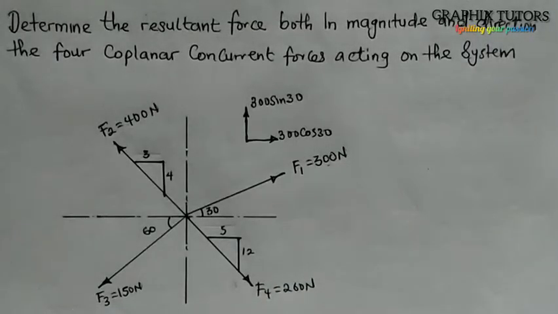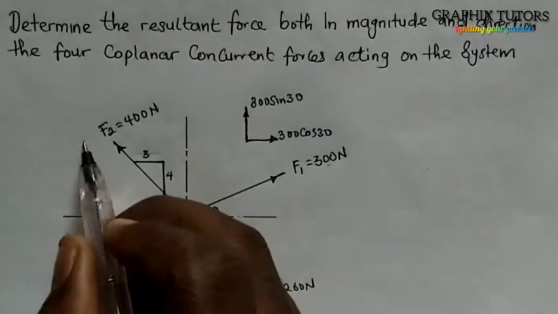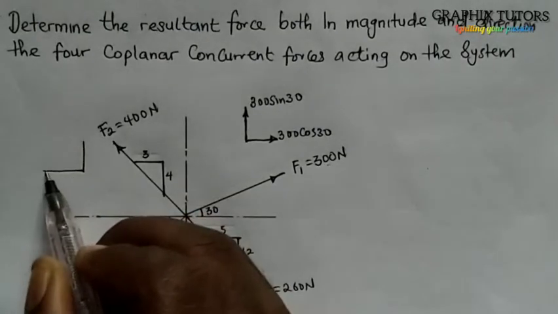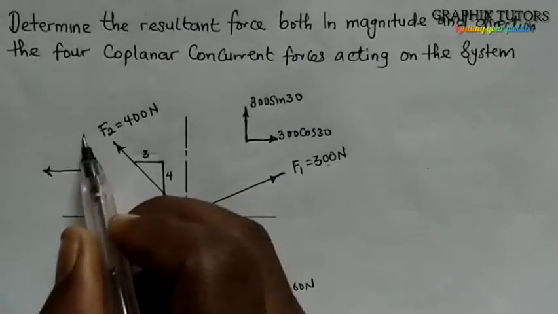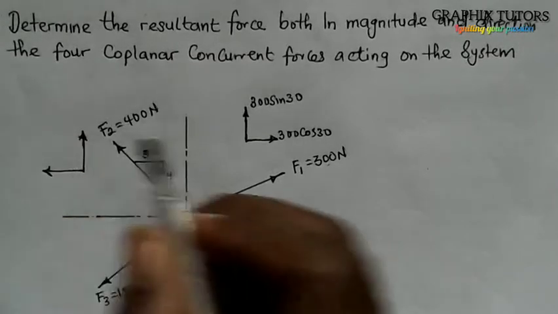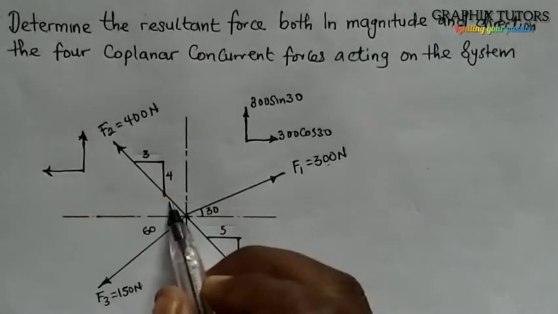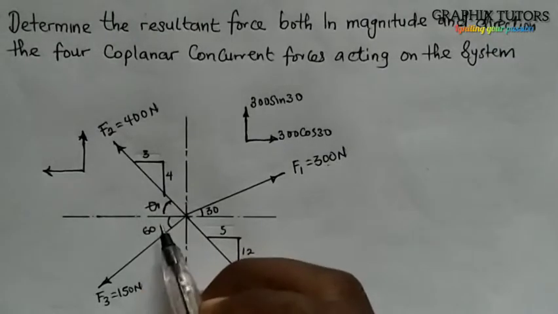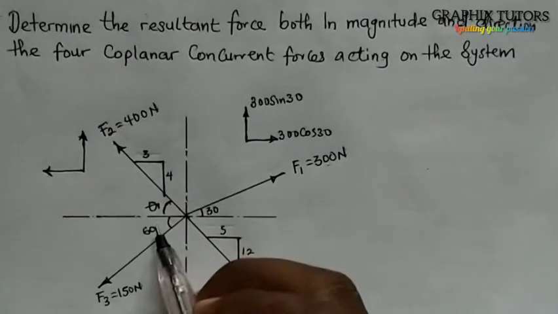Now, if you look at this, we ought to have a vertical and also a horizontal, but in this case we have what is called, let's call it theta 1, because the angle is not given, right?